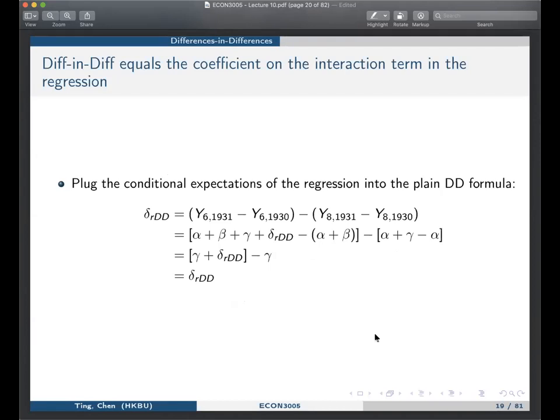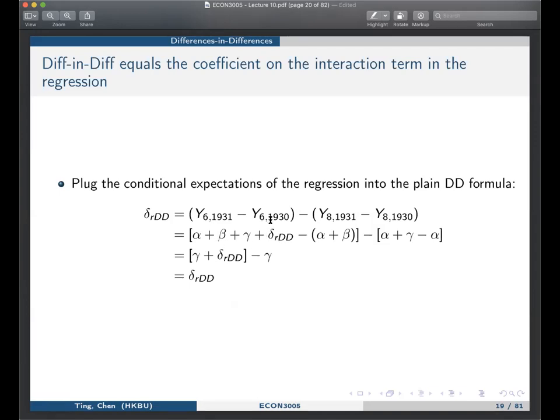How do we prove that our original DD estimate formula is the same as running a simple regression using the three variables: treatment, post, and interaction term? Let's plug the conditional expectations into the formula. The 6th district in 1931 is alpha plus beta plus gamma plus delta.